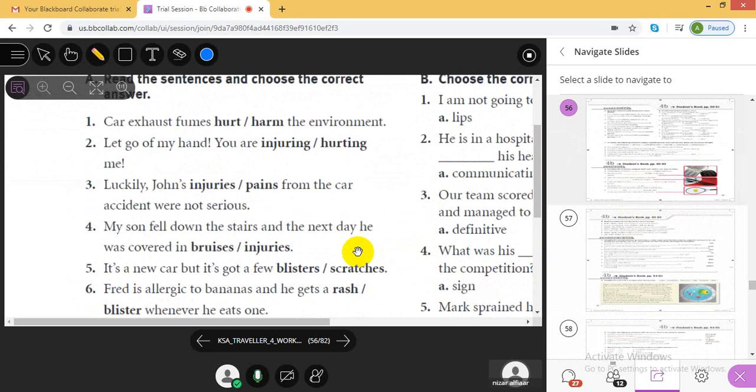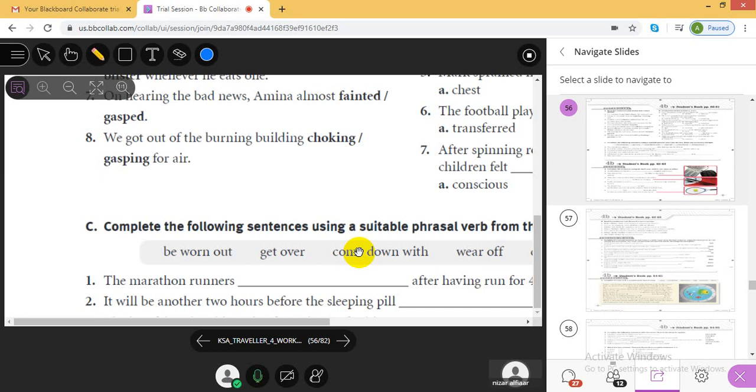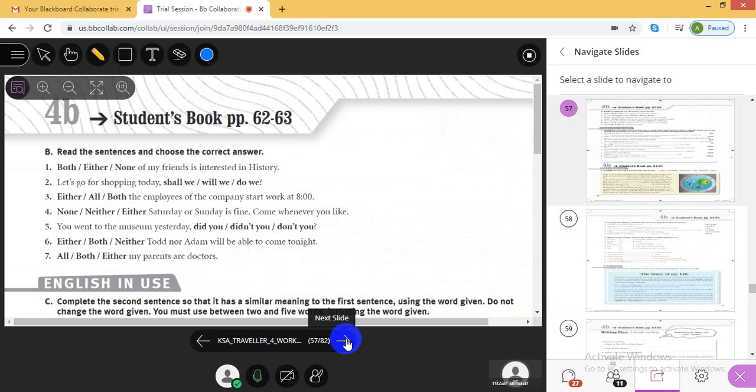Hurt, harm, injured. We did that before, right? Guys, are you here? Are you there? Yes, I think I did, because Fahd al-Dufayan asked about that before.